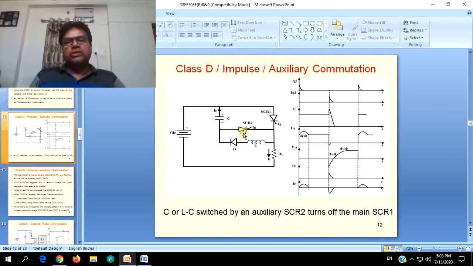As the inductor opposes the change in current, the current will gradually decrease to 0, and in this process the capacitor gets charged in reverse, where the bottom plate becomes positive and the upper plate becomes negative.